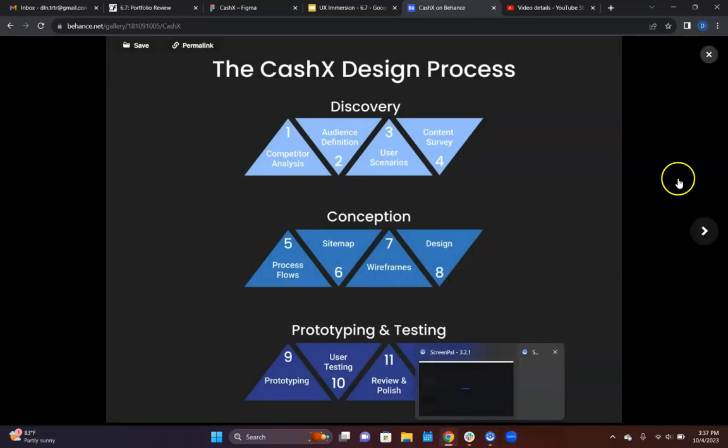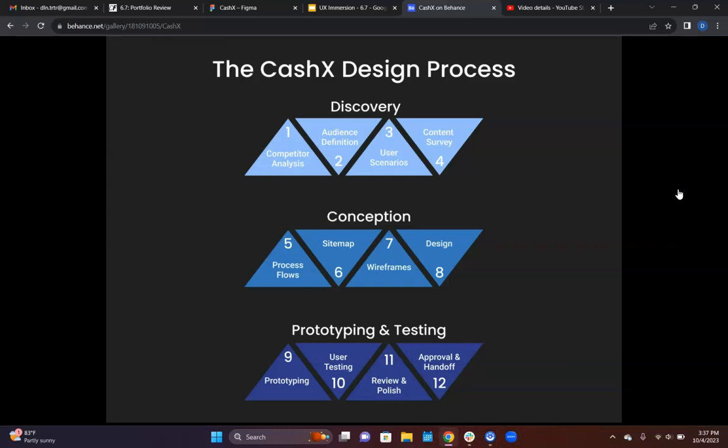A little bit about the CashX design process. We started with a discovery phase where we get to know our users, get to know our competitors, and decide what exact features we want to include in our platform.